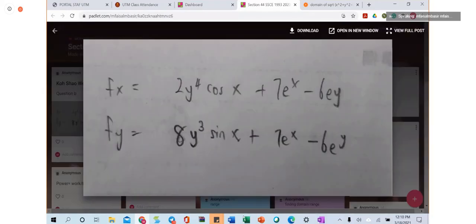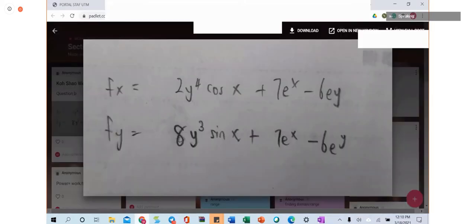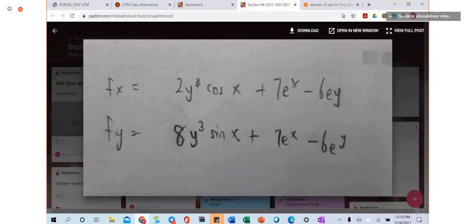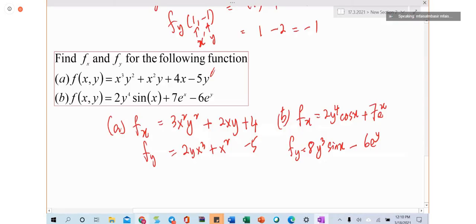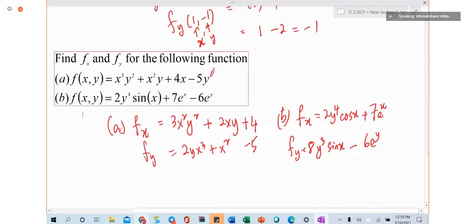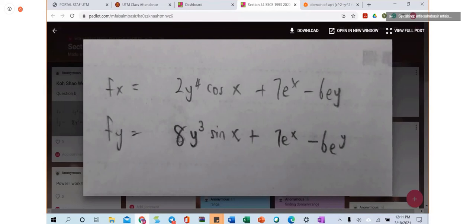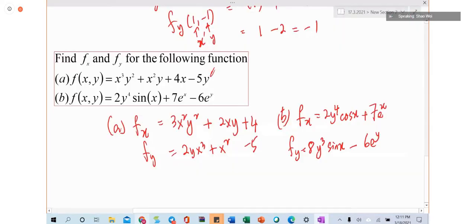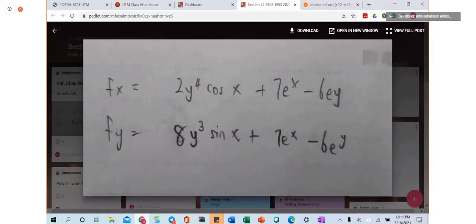Then shall we answer? 2y cubed cos x plus 7x. Okay, again, I think there is no need for 6ey. No need 6ey. Then the second one will be the same.